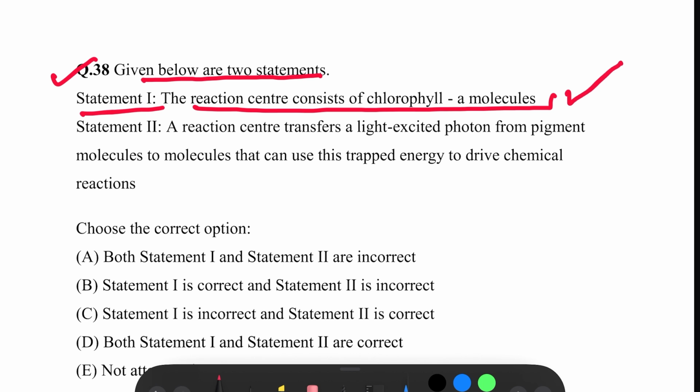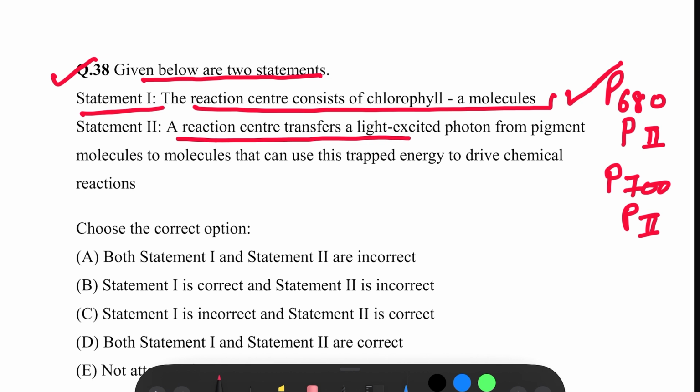Reaction center consists of special chlorophyll a molecules, that is P680 in photosystem 2 and P700 in photosystem 1. Statement 2: a reaction center transfers light-excited photons from pigment molecules to molecules that use the trapped energy to drive chemical reactions.